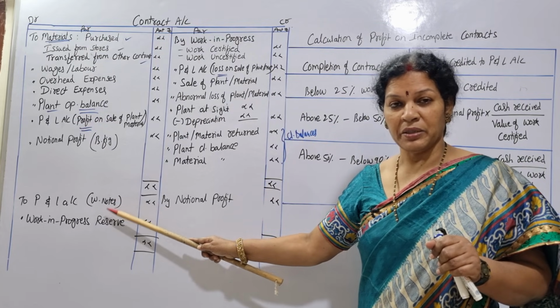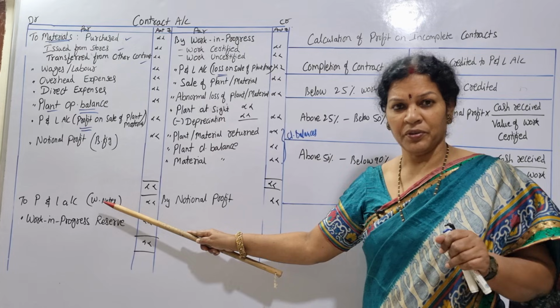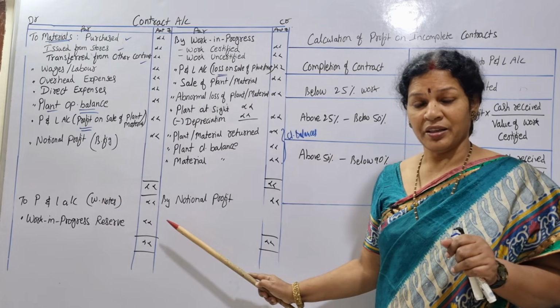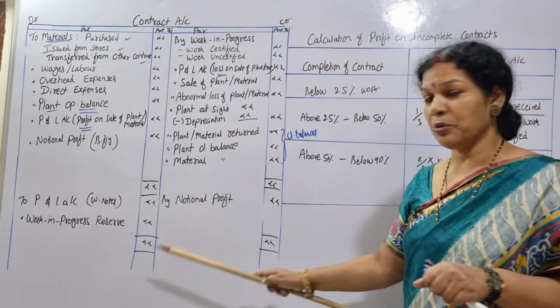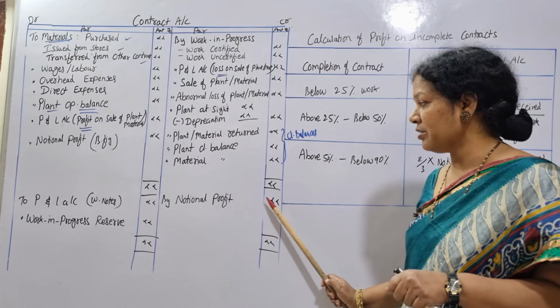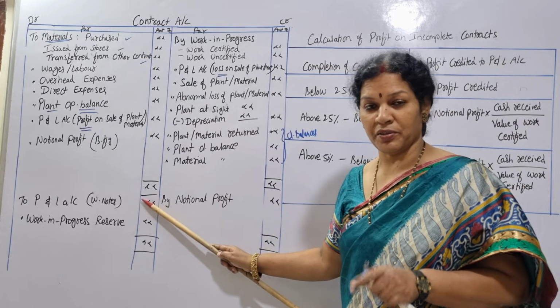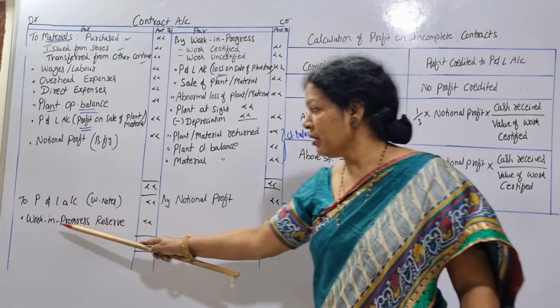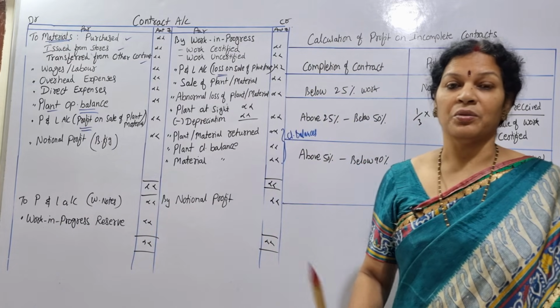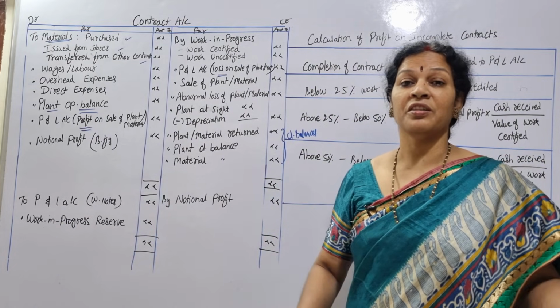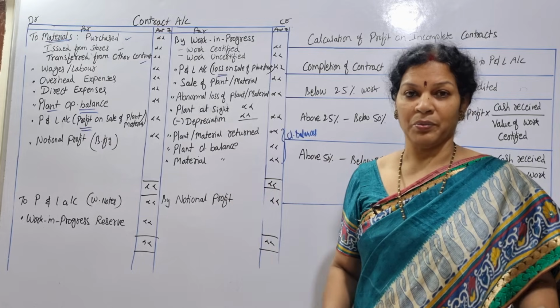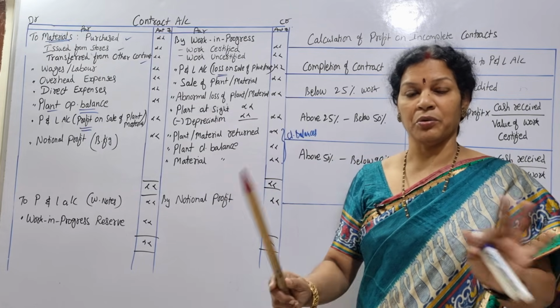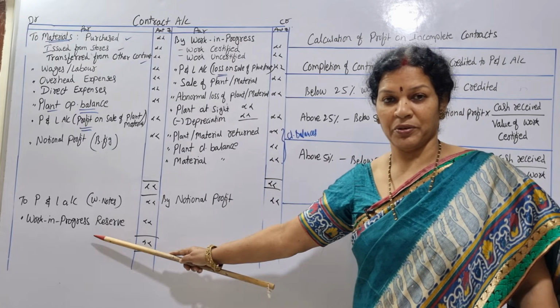That should be in the working notes. We'll calculate that profit and write it here. Then finally, the profit you are going to get is notional profit minus the profit and loss account amount. Whatever you get, you transfer to the work in progress reserve. Work in progress reserve means it's going on, work in process reserve. There you are going to transfer the final amount.